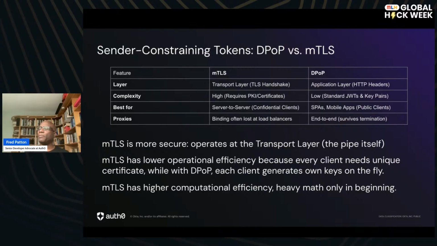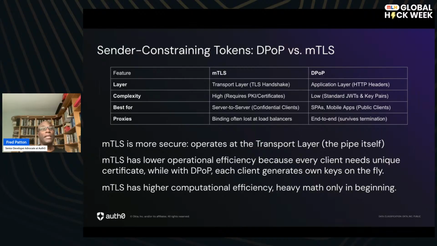Now, MTLS is a nightmare when it comes to web applications where you go through load balancers, because that transport doesn't carry over. And so that was a big motivating factor for DPoP, which enables end-to-end, it's able to survive the TLS termination.